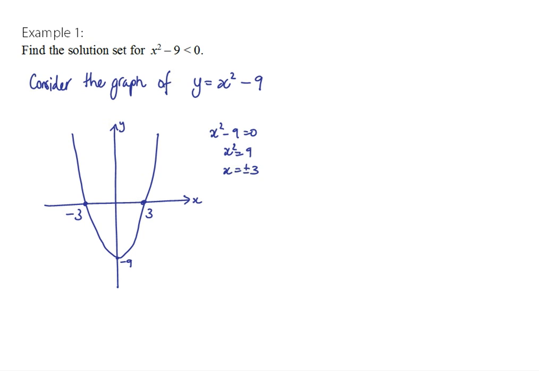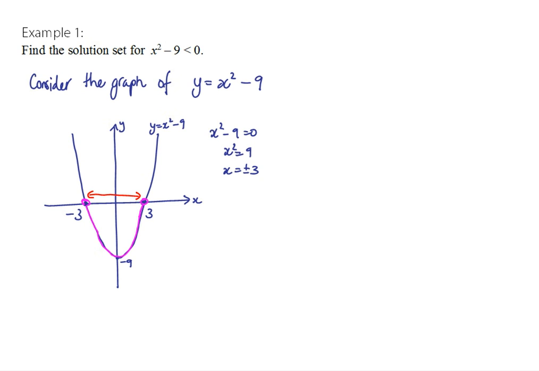And so now we want to think about, okay, here's my graph of y equals x squared minus 9. Where is it less than 0? So it is not less than 0 here, because it's equal to 0 here, but it is less than 0 in this region here. So for which x values is this quadratic less than 0? Well, we can see very clearly, having drawn the graph, that between negative 3 and 3, not including negative 3 and 3, this graph will be below the x-axis.